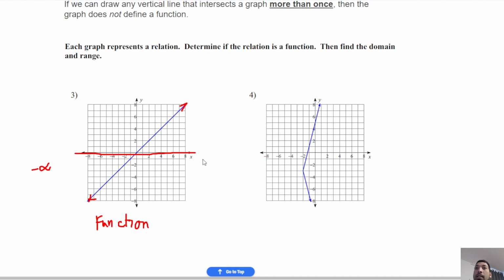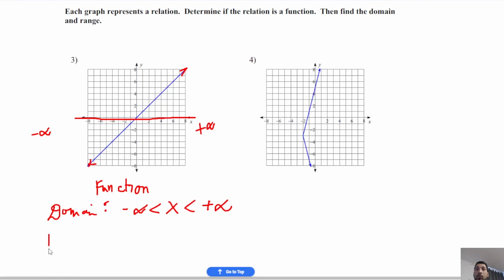And also to the right, the highest value which the graph can go is +infinity. So that means we can write this domain as -infinity less than x less than +infinity, which means that it's all real numbers. So these -infinity and +infinity are not actual numbers, so we don't put any equal sign.